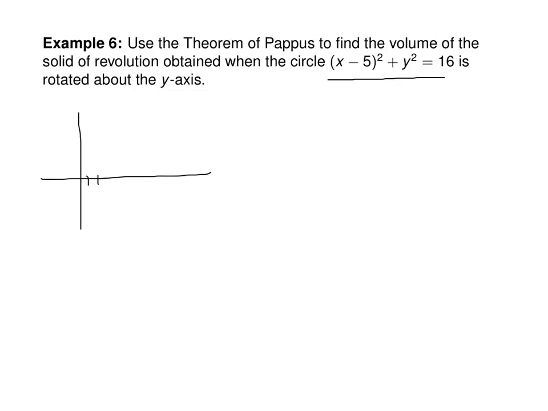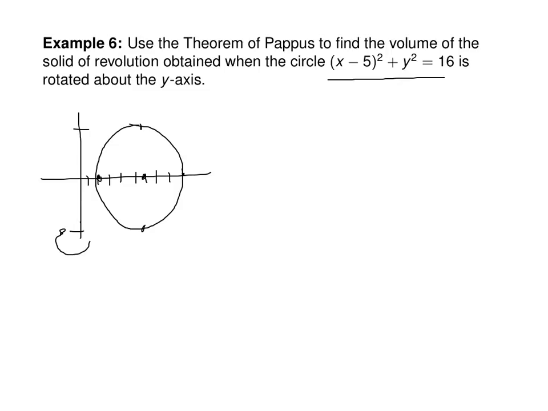So 1, 2, 3, 4, 5. 1, 2, 3, 4, so 4 up. There's the center. 4 back, 4 high, 4 down. And here is what we're rotating around the y-axis. Now think for a second, what kind of shape is that going to yield? This spins around, comes back on itself, and makes a donut shape called a torus.